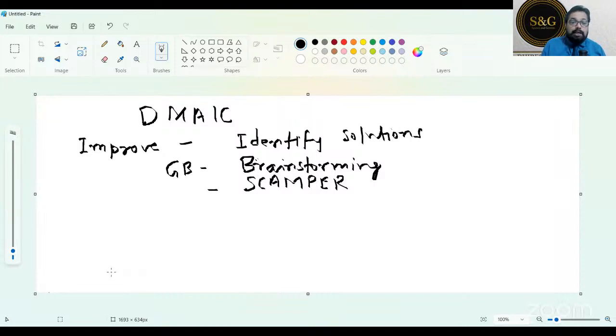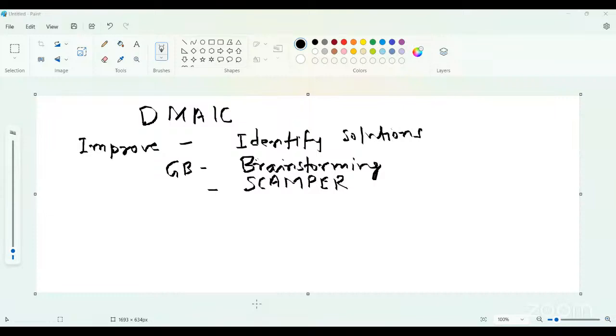When we go to the black belt level, some advanced solution generation techniques are also available. Which are those techniques? Does anybody at the black belt level know? Apart from brainstorming and SCAMPER, any other technique you know of?